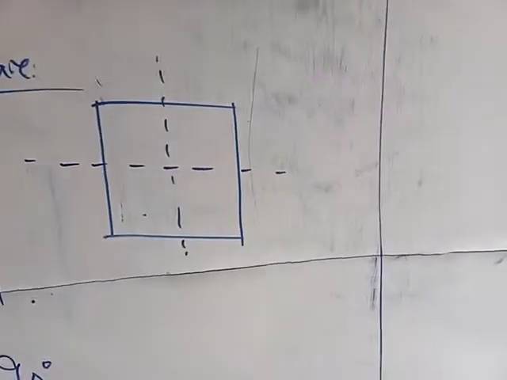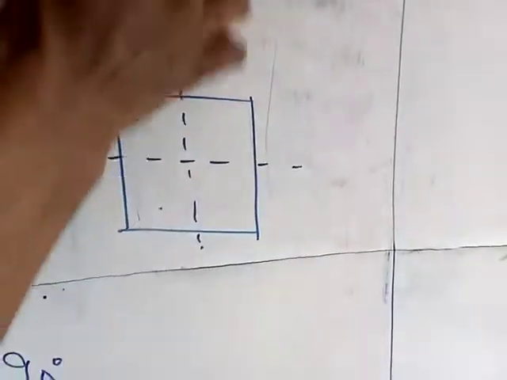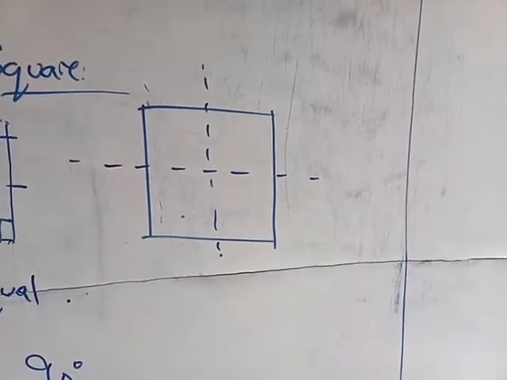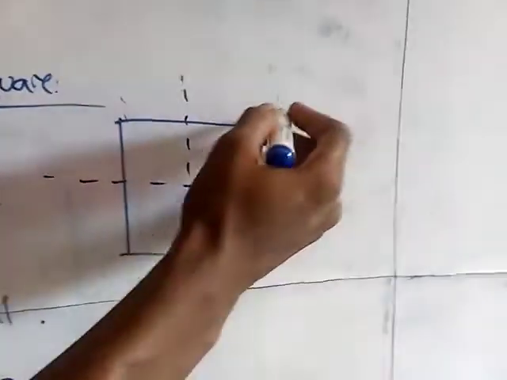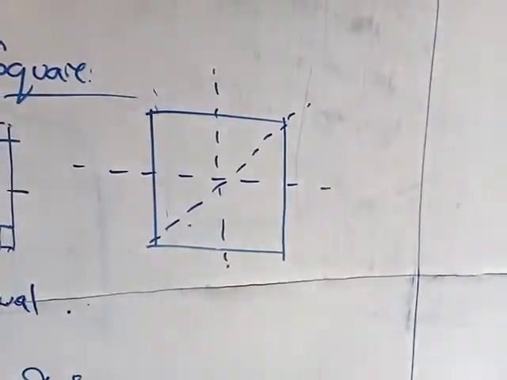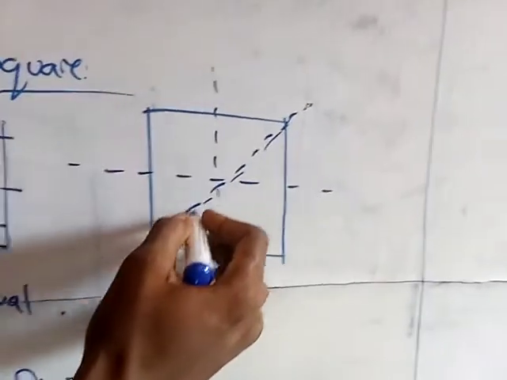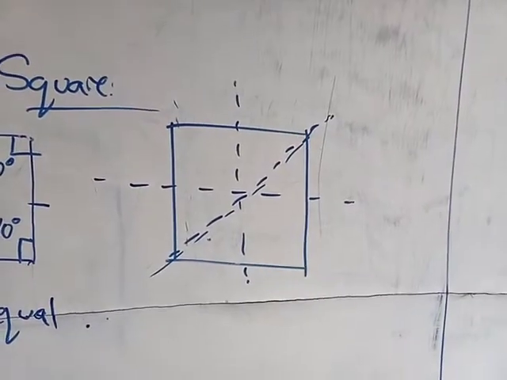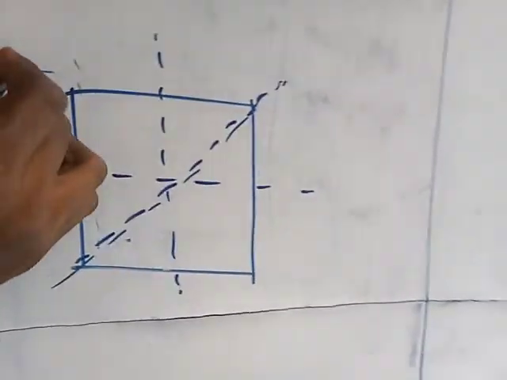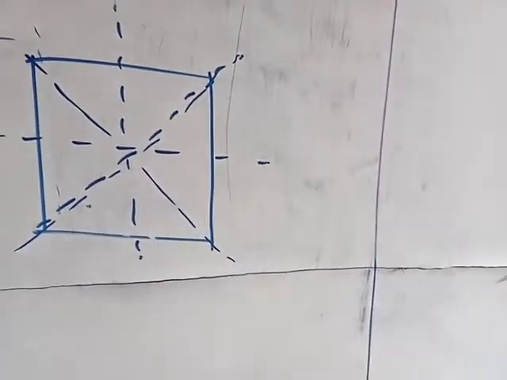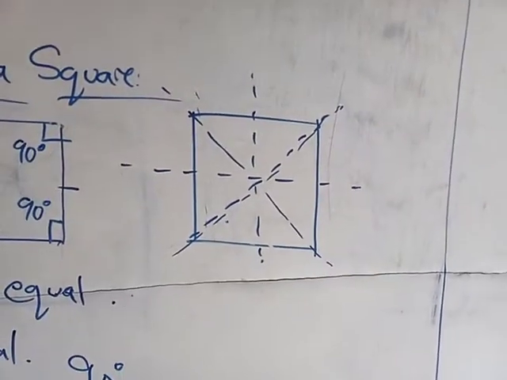So those are lines of symmetry. We have 1, we have 2. Another line of symmetry concerning a square is this form. A square can also be folded in this form, and it will give you equal parts. Another one is this. A square can be folded in this form and it will give you equal parts.